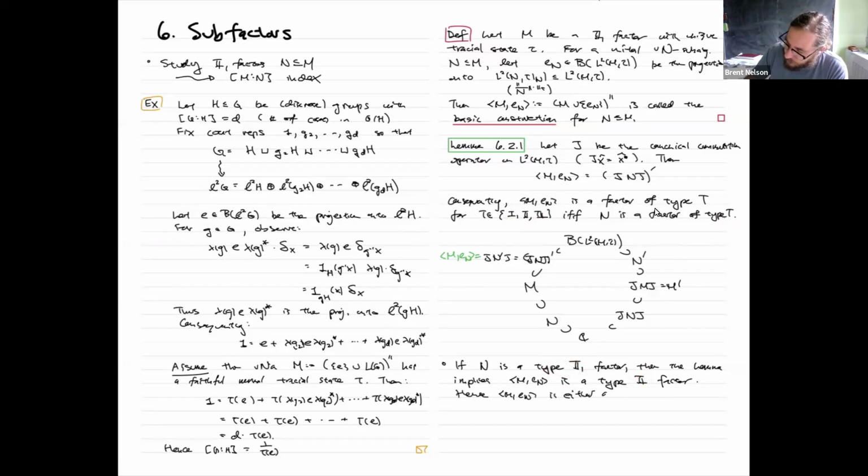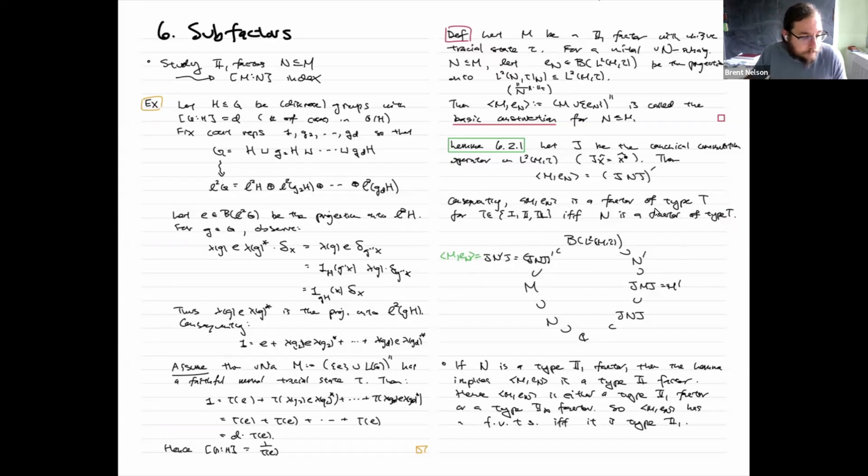It's either a type II_1 factor or a type II infinity factor. And in particular, it will have a faithful normal tracial state precisely in the former situation: it has a faithful normal tracial state if and only if it is type II_1.